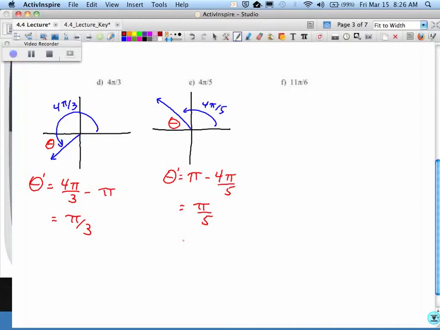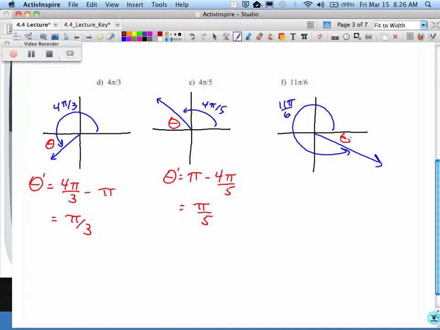Last one, where's 11 pi over 6? We're going all the way around. 11 pi over 6. Oof.